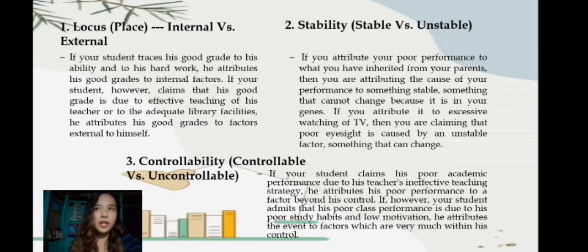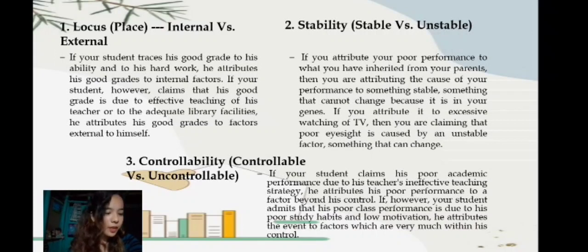Now, the third causal dimension of behavior is controllability, controllable versus uncontrollable. If your student claims that his poor performance is due to his teacher's ineffective teaching strategy, he attributes his poor performance to a factor beyond his control. This means if a behavior is uncontrollable, the individual has limited or no capability to influence the outcome of the task or behavior.